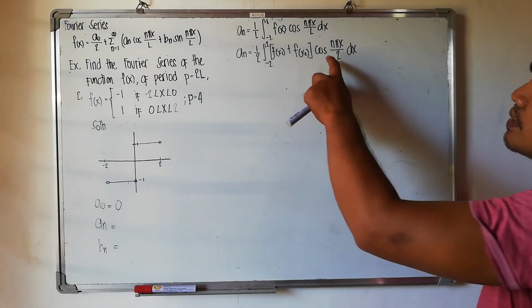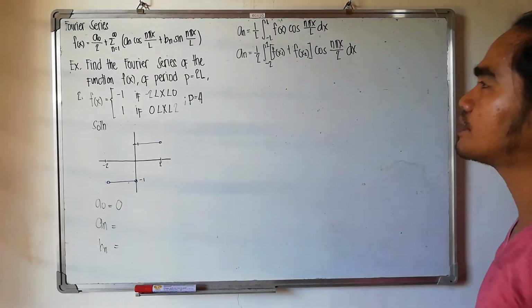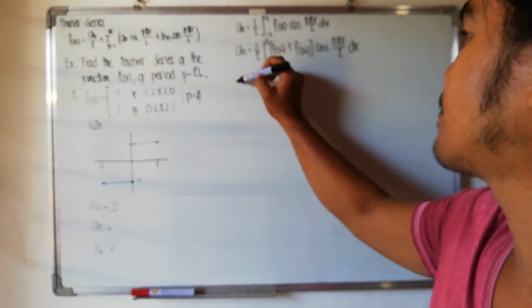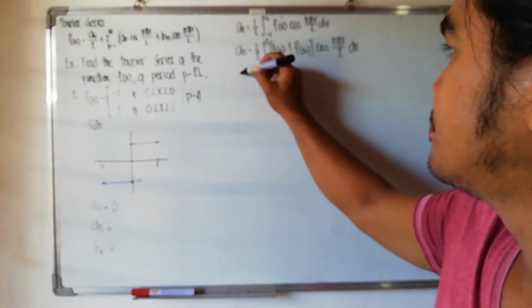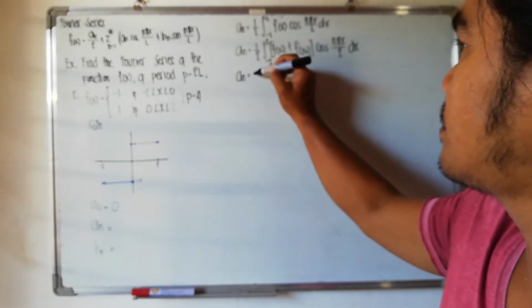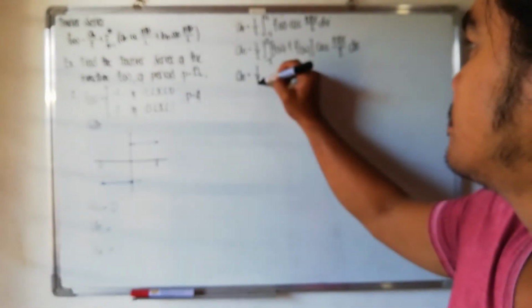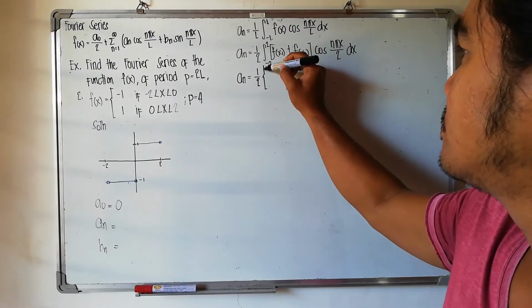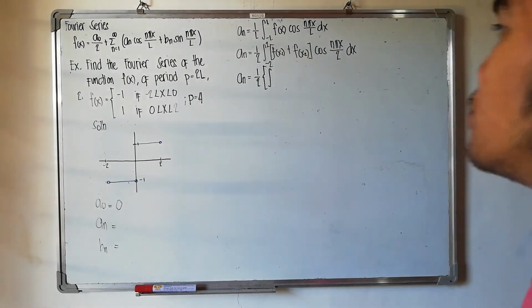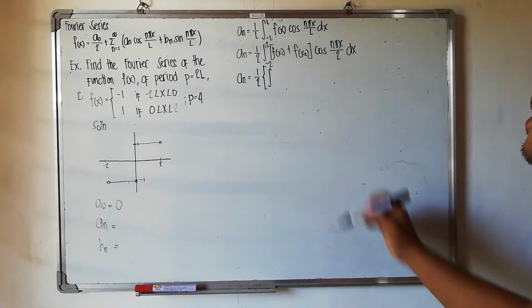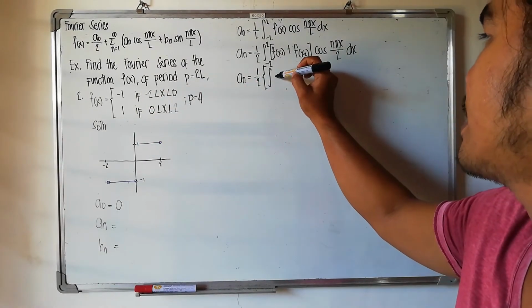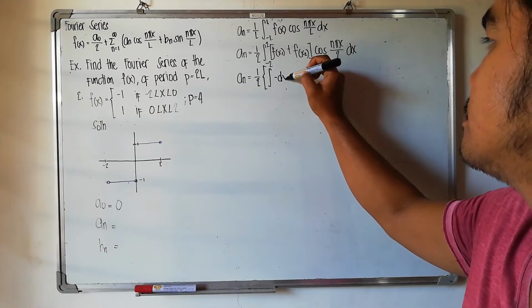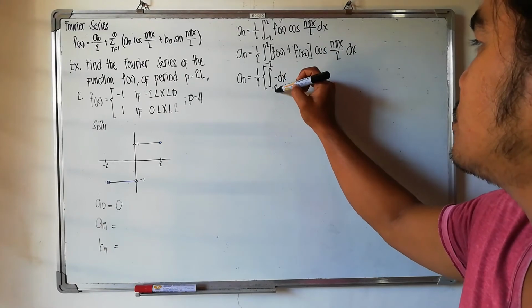Then distribute cosine inside, so you will have a sub n is equal to 1/2, then two different limits of your function. So you have f of x sub 1, which is negative 1, or we have negative dx from the limit of negative 2 to 0.